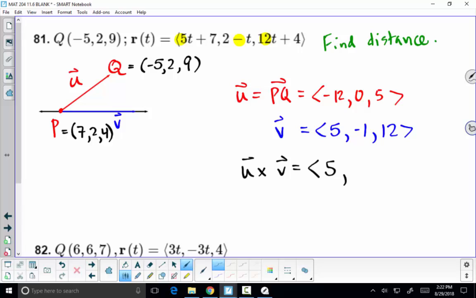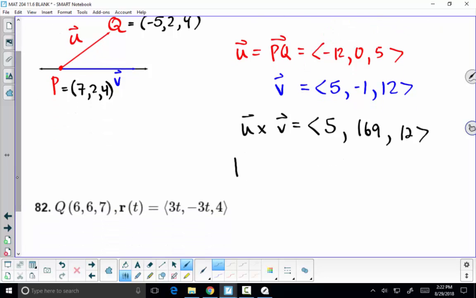We switch the signs, we get 169. Third, cross that out, we get +12 minus 0. That's a pretty hefty area. So the length of this will be the square root of what you get when you add all that up.